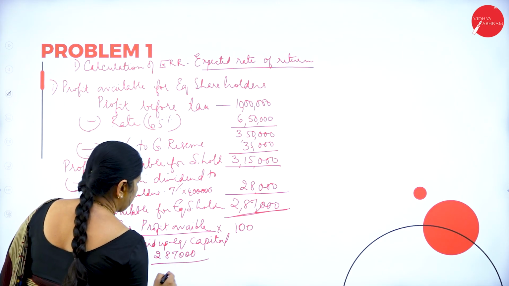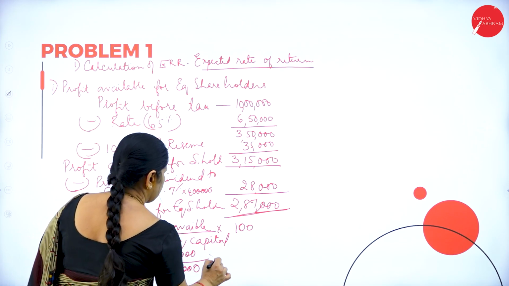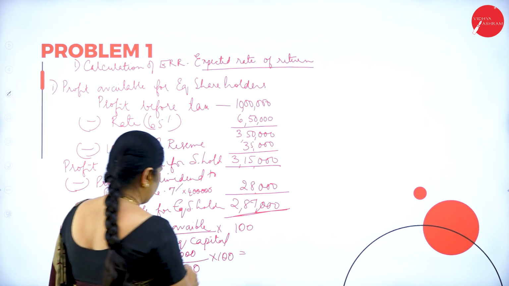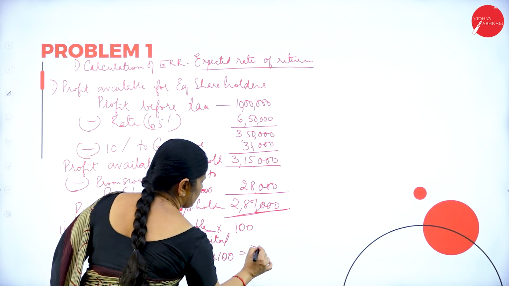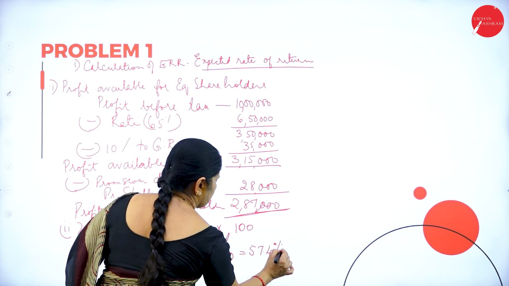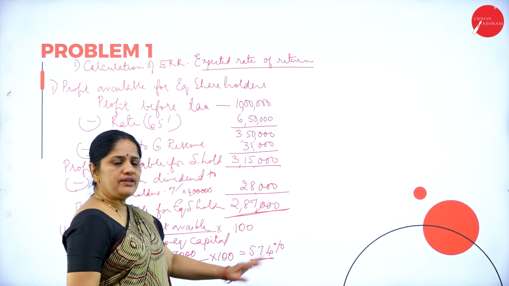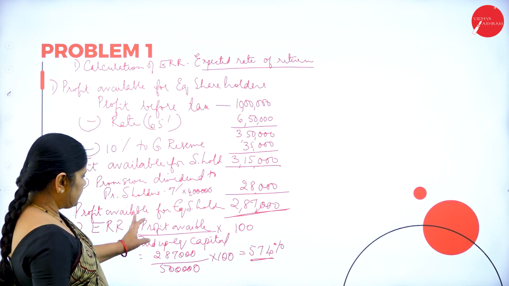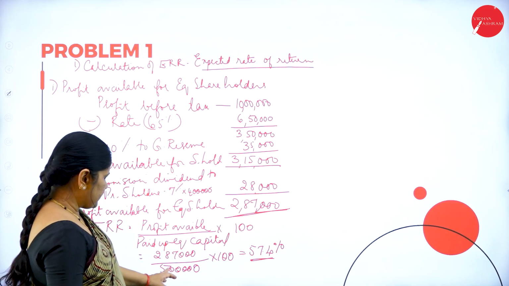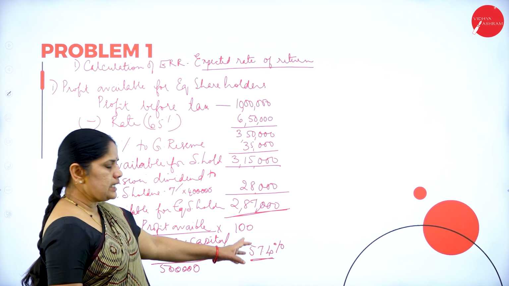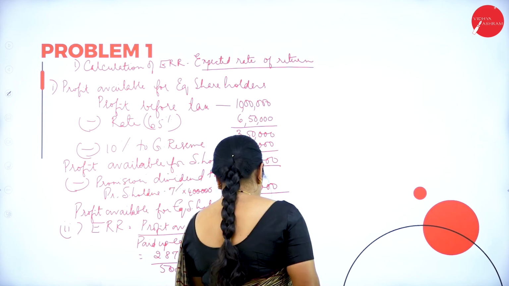The paid up equity capital is 5 lakhs into 100. So when you simplify this, we are getting 57.4%. So 2,87,000 divided by 5 lakh into 100 comes up to 57.4%.